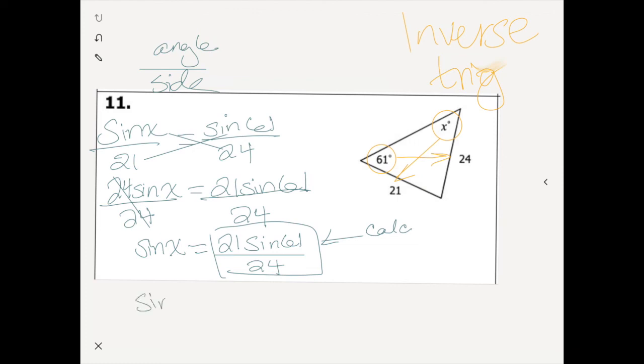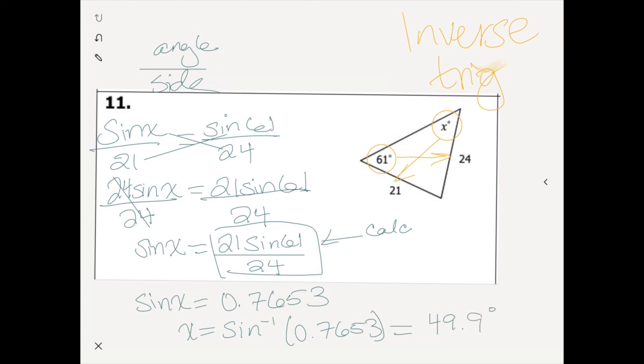And we're going to have the sine of x is equal to 0.7653. I always take 4 decimal places because I want it to be as accurate as possible, but your final answer you can round to 1 decimal place. So we're going to say x is the inverse sine of 0.7653. And if you put that in a calculator, you should get 49.9 degrees.